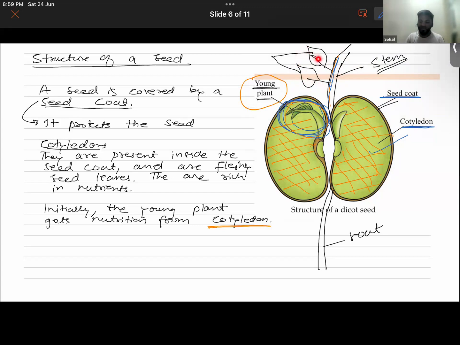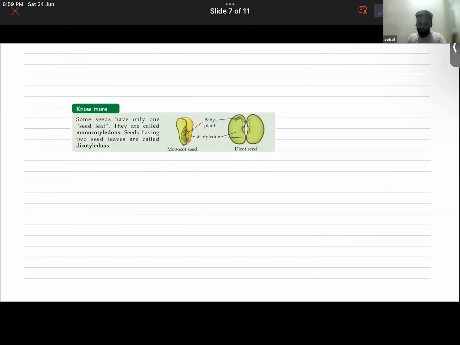So in the leaves, this plant will be performing photosynthesis, and from there it will be getting its nutrition, right? Okay, now see there's an activity here.